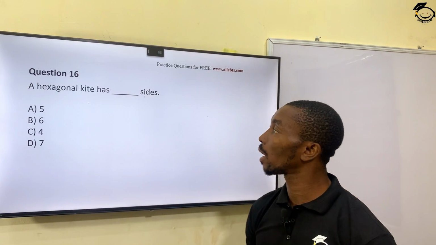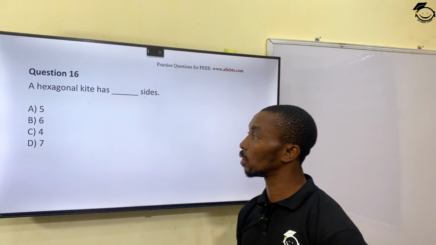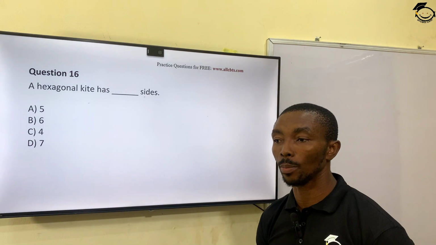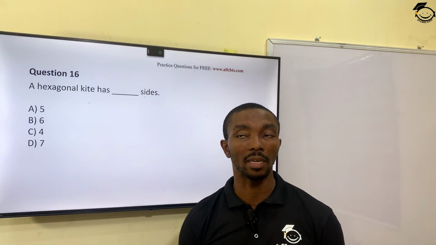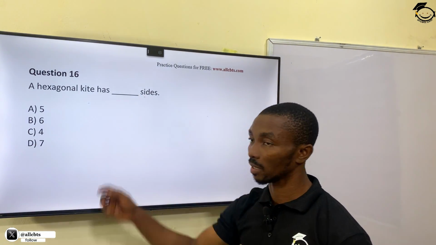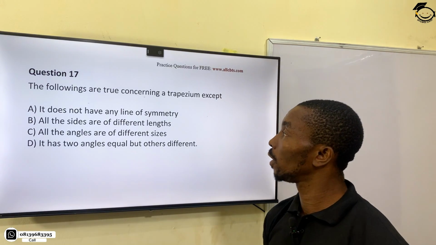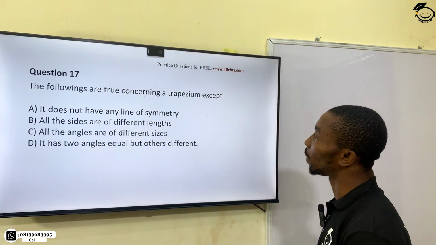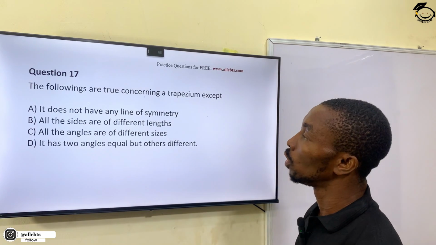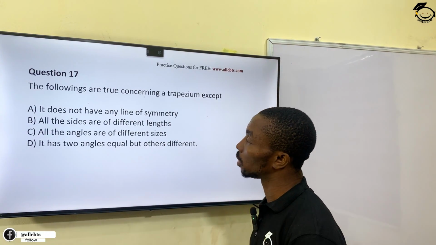A hexagonal kite has dash sides. Now we know that a hexagon is a polygon with 6 sides. So a hexagonal kite has 6 sides. That will be option B. The following are true concerning a trapezium except. So it simply means which of these statements isn't true about a trapezium.